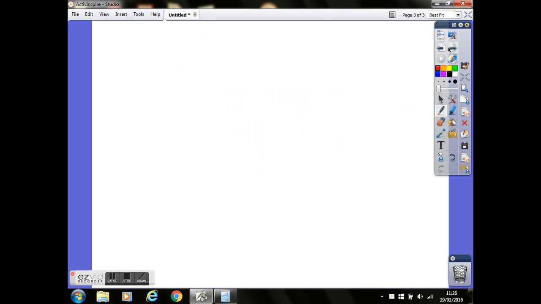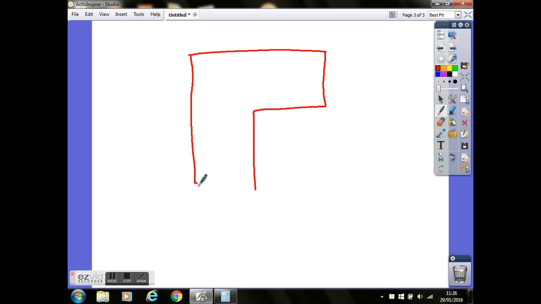Now, the last one we needed to look at was an irregular shape. All an irregular shape means is that it's made up of multiple shapes. So one of our prime examples at the moment, something along these lines. Just neaten that up again.